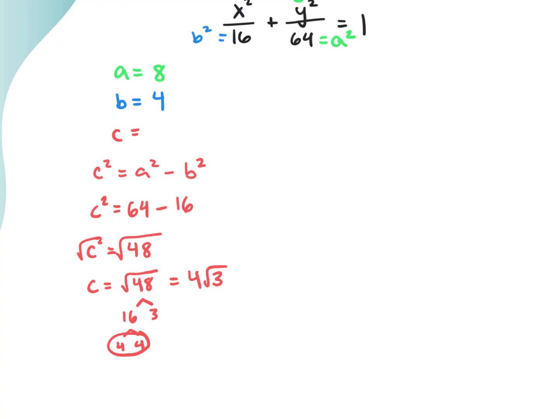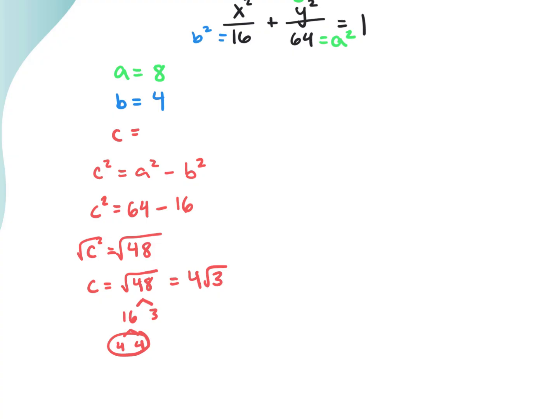Now it's also going to help when we're graphing this to figure out about what value square root 48 has. So we want to think about perfect squares. What perfect square is 48 closest to? 49. Perfect. And what's the square root of 49? 7. So the square root of 48 is going to be a little bit less than 7.